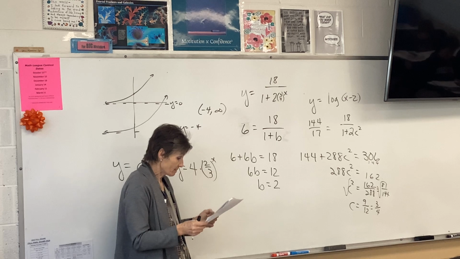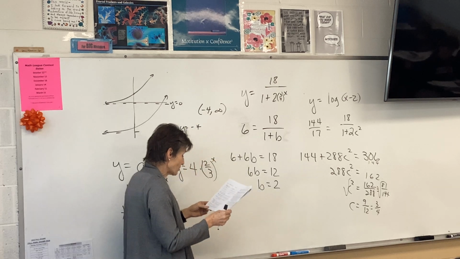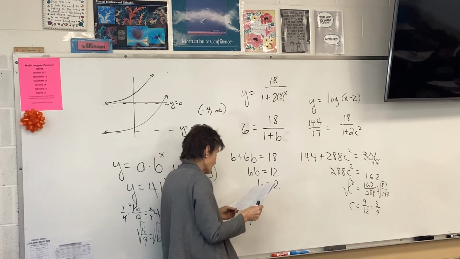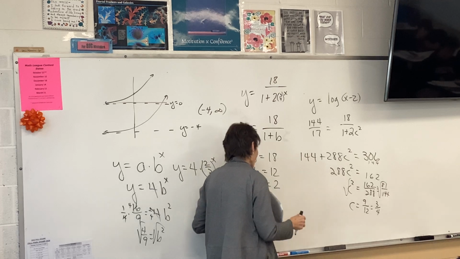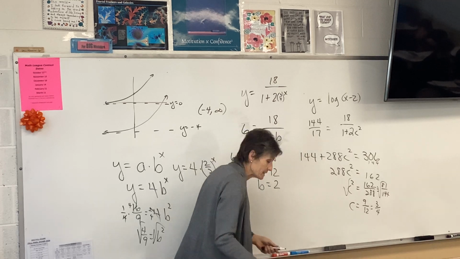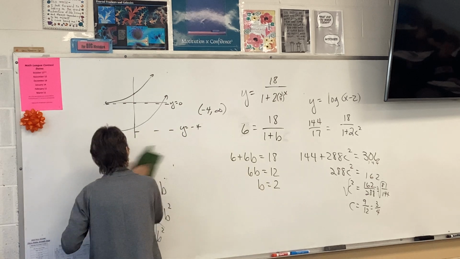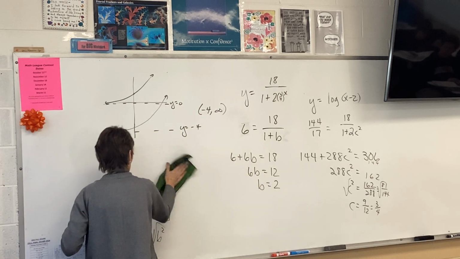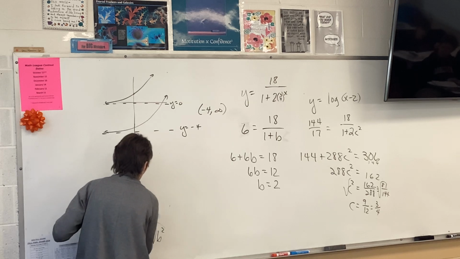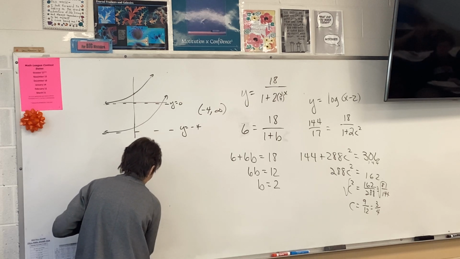Number 6. How long will it take to triple an investment if interest is 1.8% compounded monthly? You're going to need a formula, which I will provide, but which one are you going to use? A equals PRT.